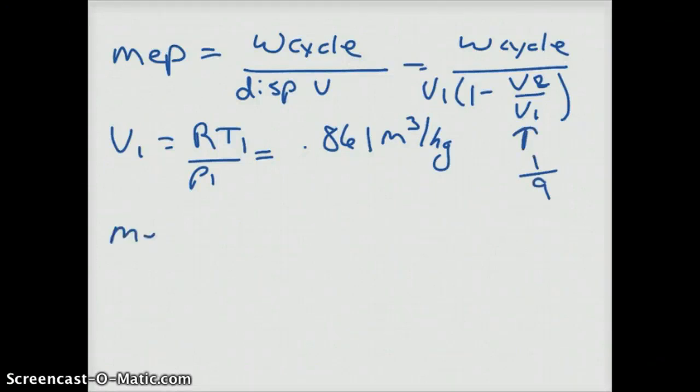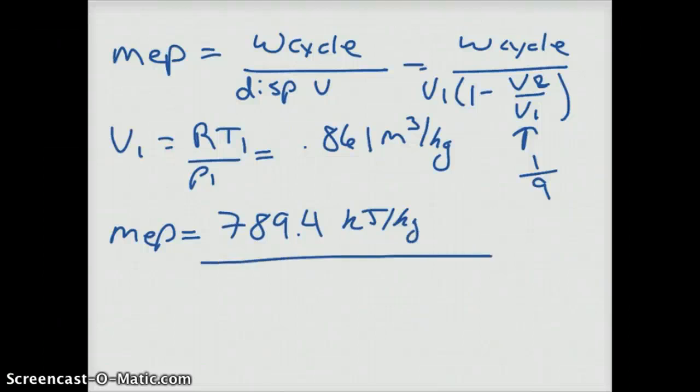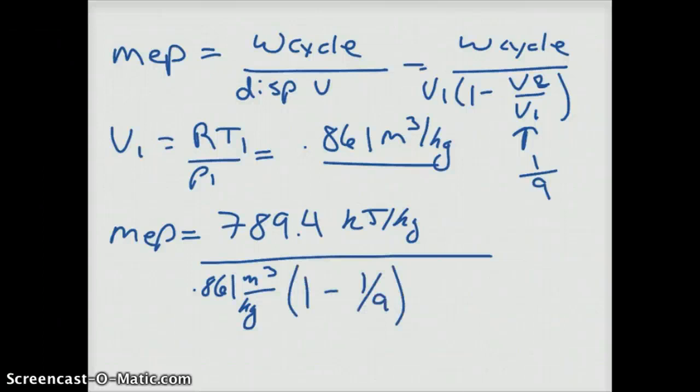So MEP is equal to our work that we found previously over our V1 times 1 minus 1 over 9. And then we have to play with our units.